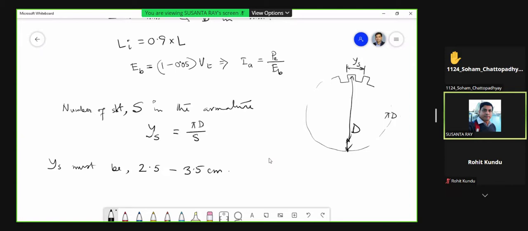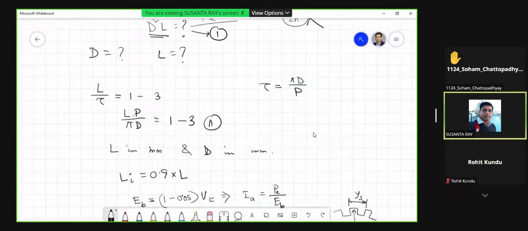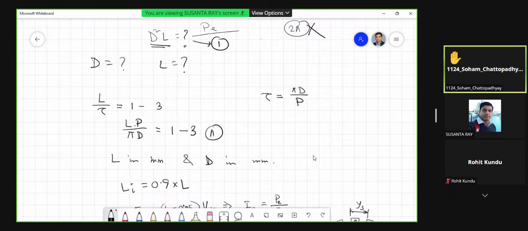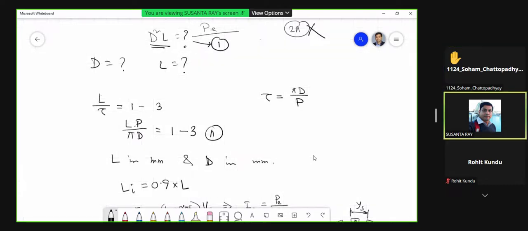Your difference between the L and D should not be quite high. Currently it is 0.4. The values should be close. Suppose if your value of D is 400 mm, then L also should be near 400 mm.